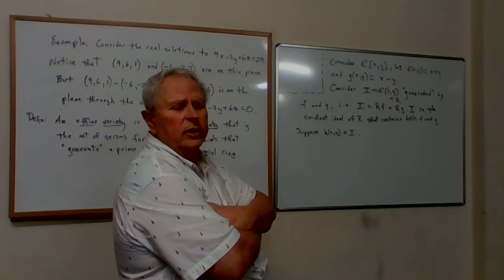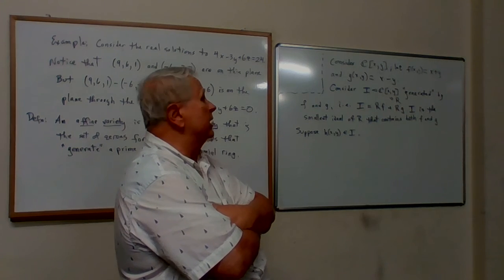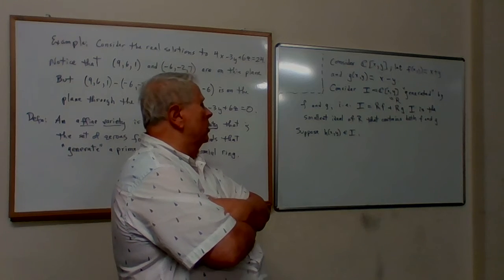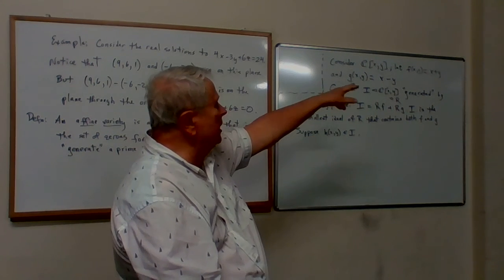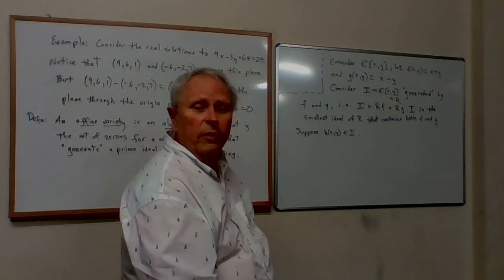You can't factor x plus y any further. It's a first degree polynomial. You can't factor x minus y further. It's a first degree polynomial. And so if h of x,y is in the ideal generated by those two, it's got to have one or the other or both of them as a factor.